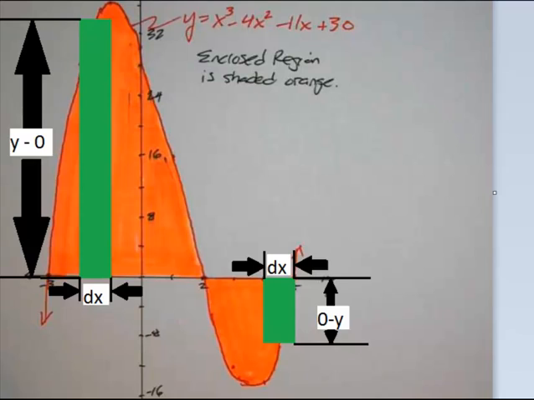Notice the previously calculated x-intercepts are indeed the limits of integration. So the left-hand integral is going to sum with dx going from -3 to 2. The right side integral will sum with dx going from 2 to 5.